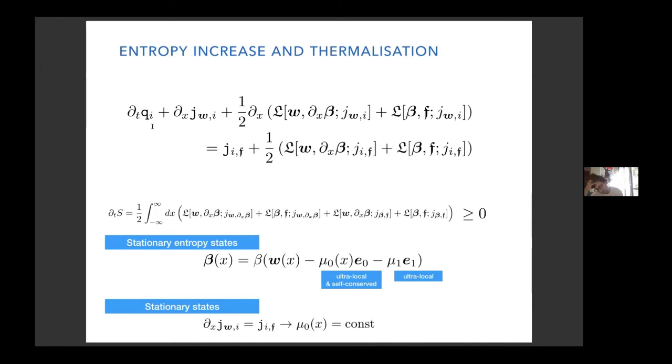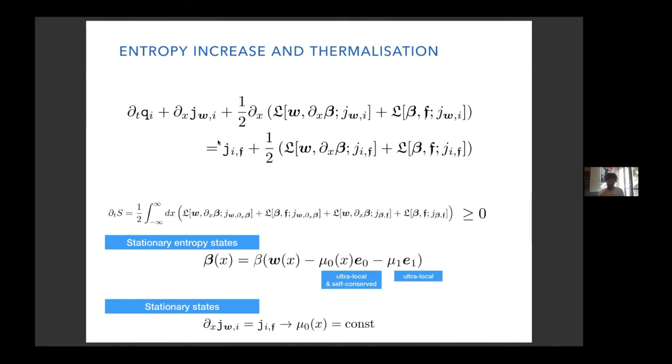But isn't the number of those different at the beginning and end of the evolution? Yes, indeed, it's true. But this equation does not conserve anything except total energy and ultra-local charges. And that's the reason why you relax to a thermal state.